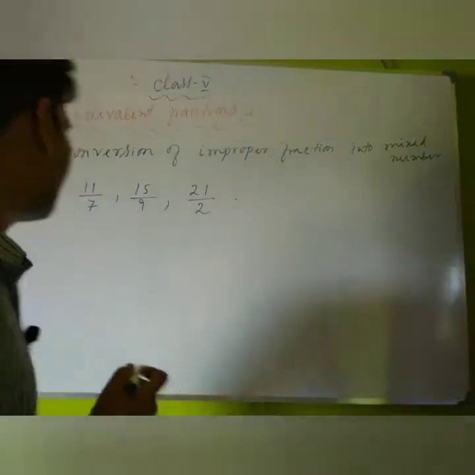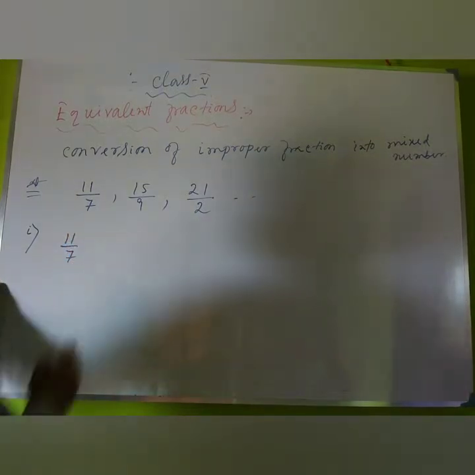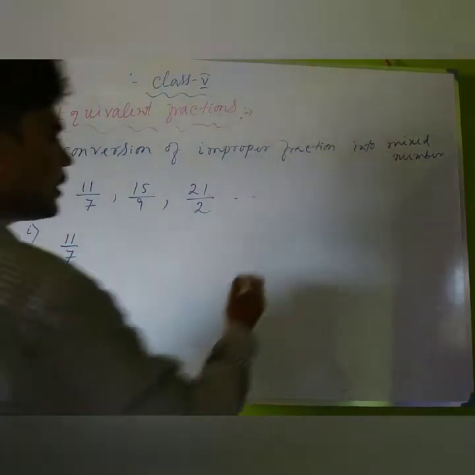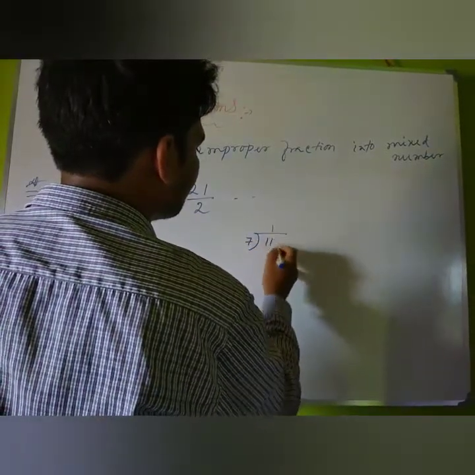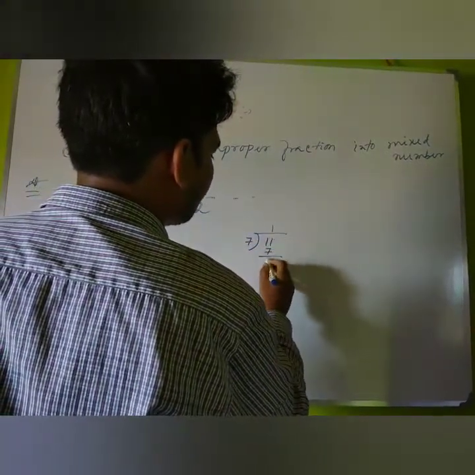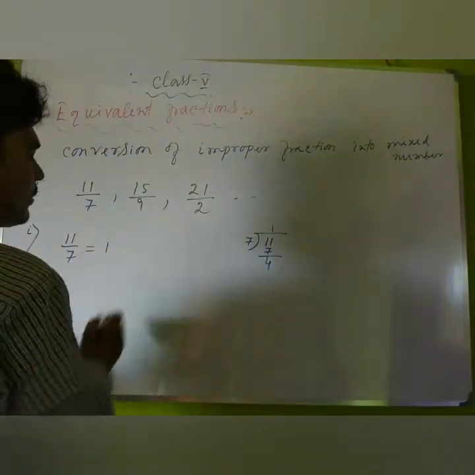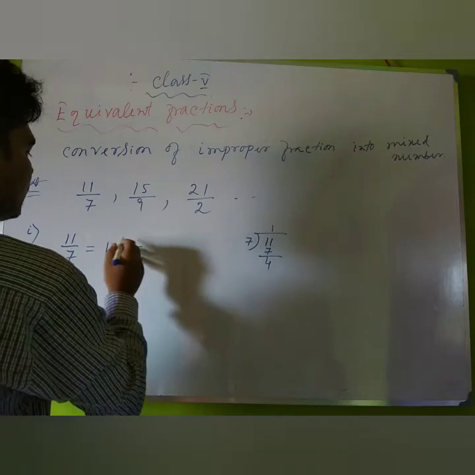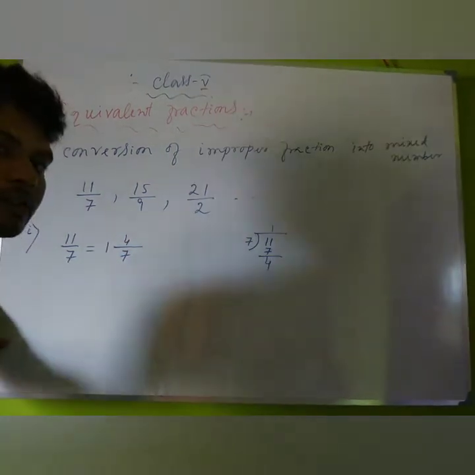So let's see. At first you take the first one, 11 by 7. Here you divide 11 by 7. So 1, 7 is 7, remainder 4. You write down 1 as the whole number and in the numerator you write down 4 and in the denominator 7.